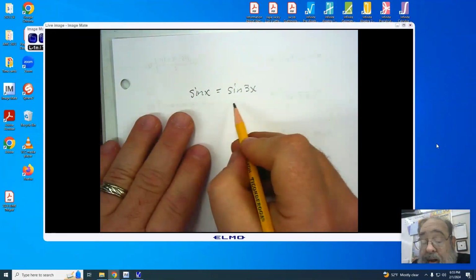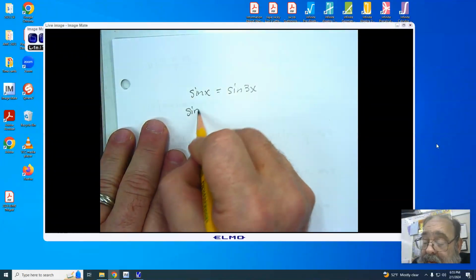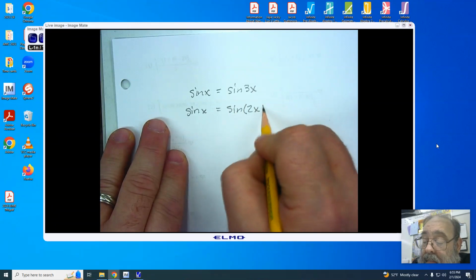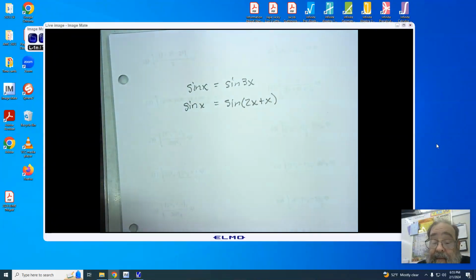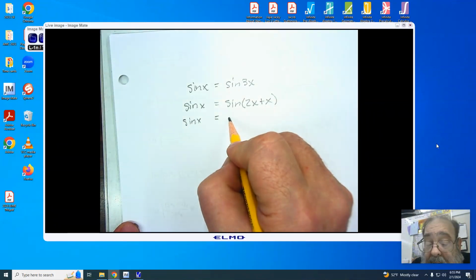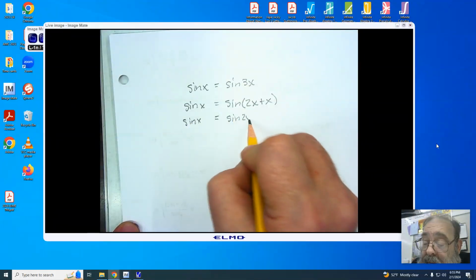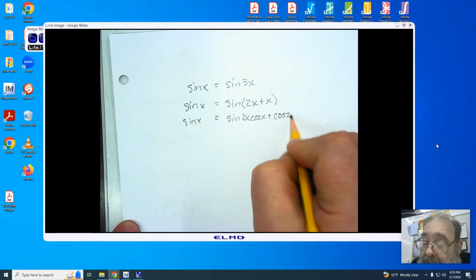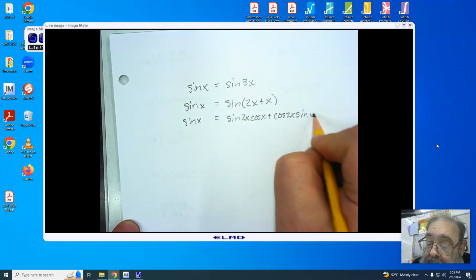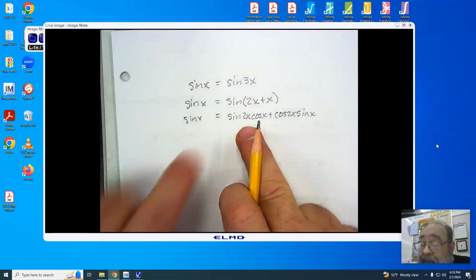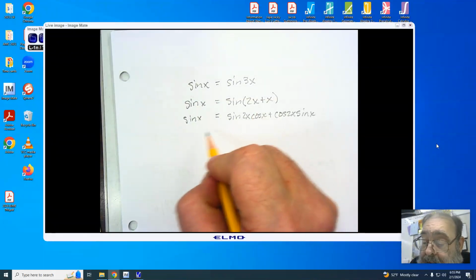Now, this one is going to have to work by using my sum addition, the sine of 2x plus x. Now, I've asked you to memorize this formula, so you're going to have to just put it in as the sine of 2x, cosine of x, plus cosine of 2x, sine of x. I now have to figure out a nice and reasonable identity to replace, and I have this one as my double angle identity.